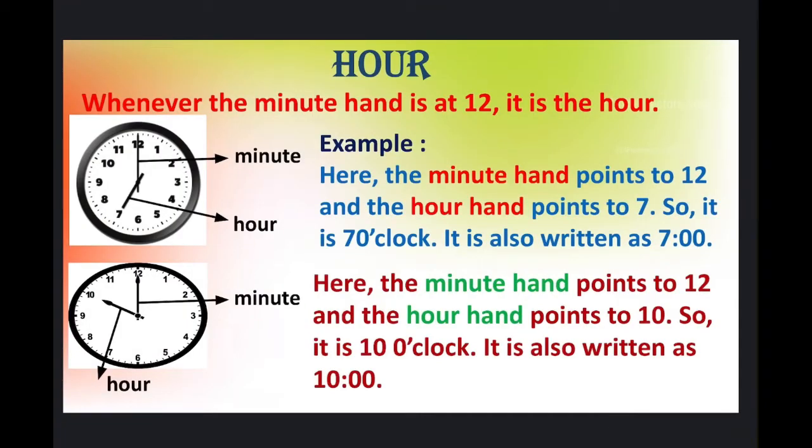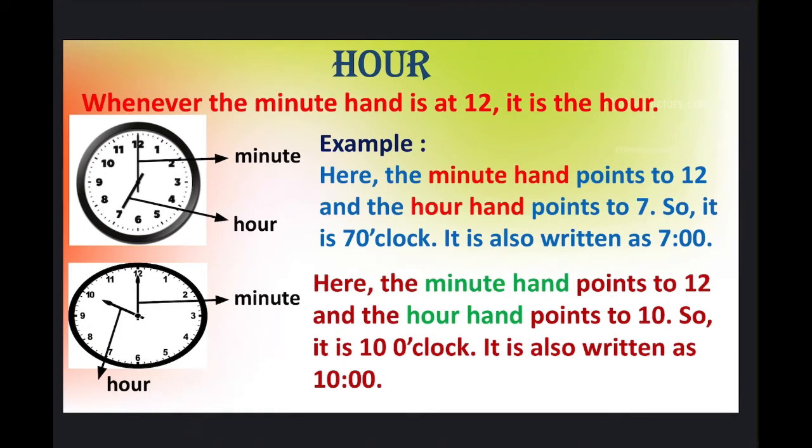Hour. Whenever the minute hand is at 12, it is the hour. For example, in the first clock, the minute hand points to 12 and the hour hand points to 7. So, it is 7 o'clock.